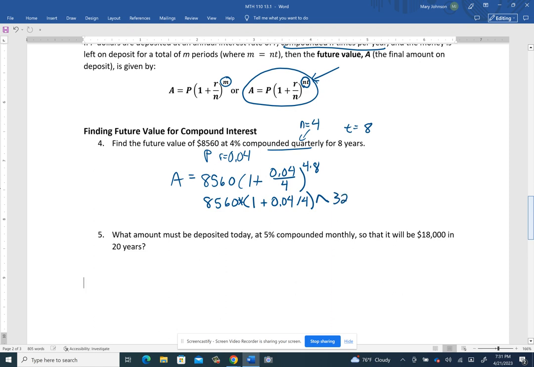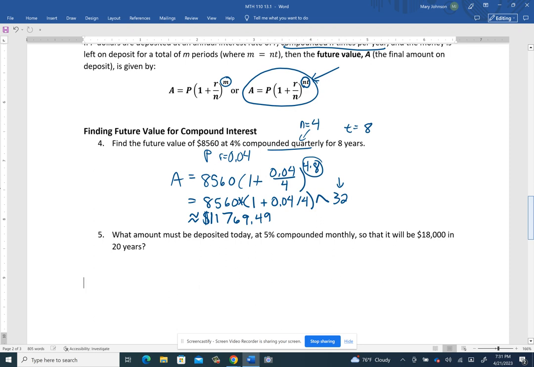Just go ahead and work that out and say to yourself, oh, that's 32, and put a 32 right there. If you hit enter, you'll find that it would be about $11,769.49. We're dealing with money, so it's pretty standard to round it to the nearest hundredth. So that's a direct use of the formula.